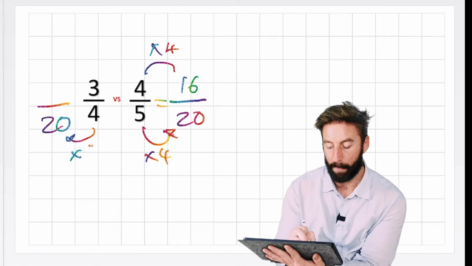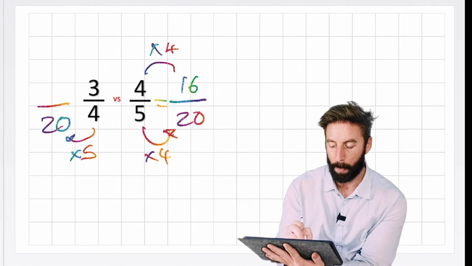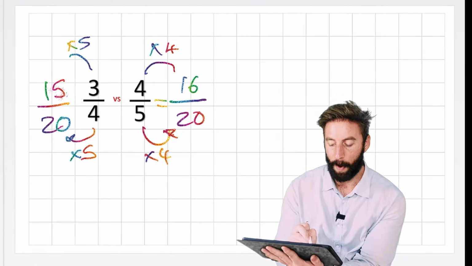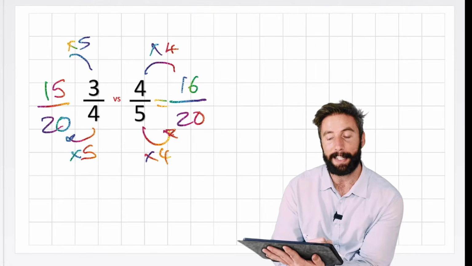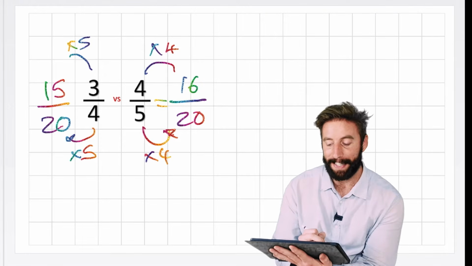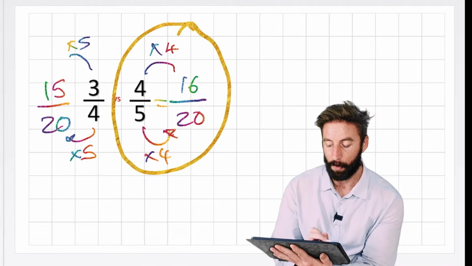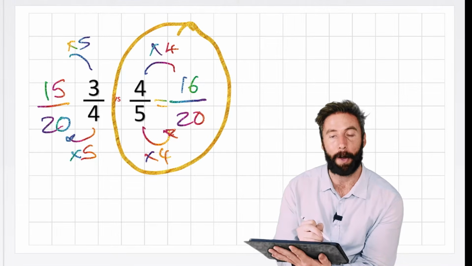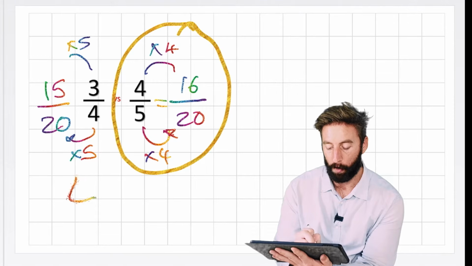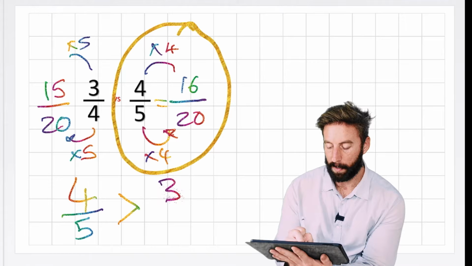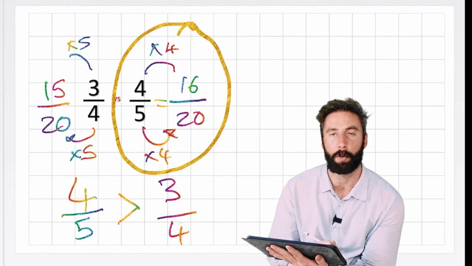I had to multiply by 5, therefore I have to multiply my numerator by 5, and 3 times 5 is 15. So I have 15/20 or 16/20. So now I can see that the 16/20 has a greater value. So again, to answer my question, I need to write 4/5 is greater than 3/4.